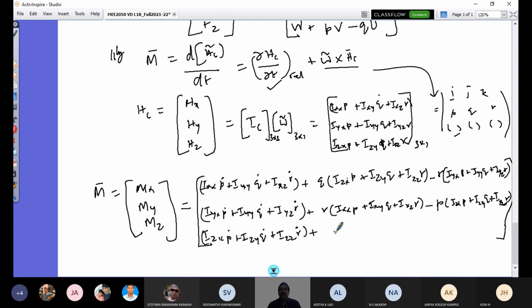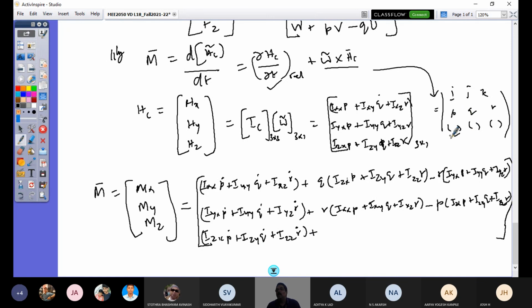And similarly, the moment about the Z axis, that is k into this. So p into this and minus q into this.